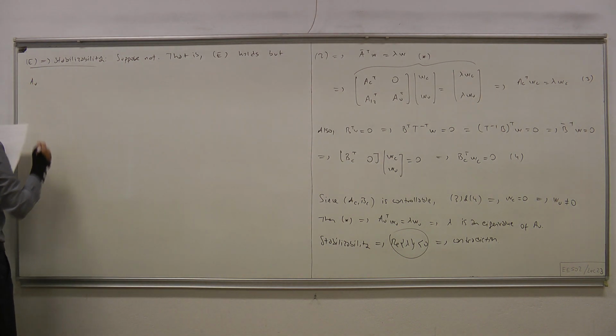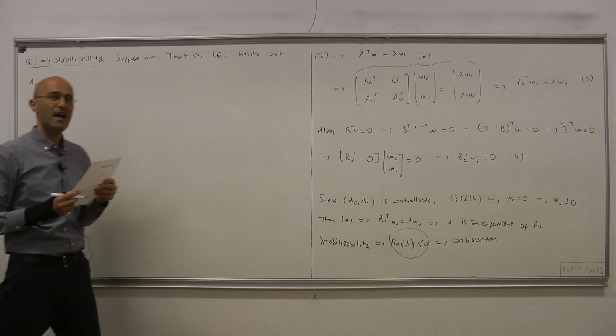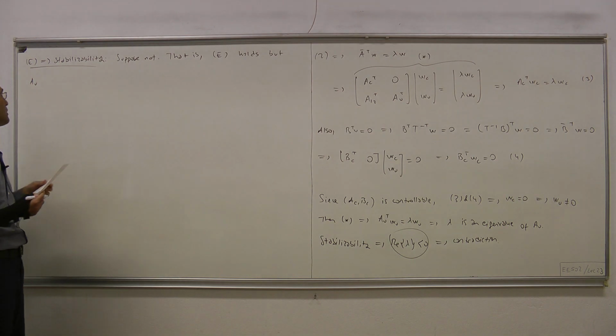Therefore, the matrix AU in the controllable decomposition has an eigenvalue lambda with real part 0 or positive.